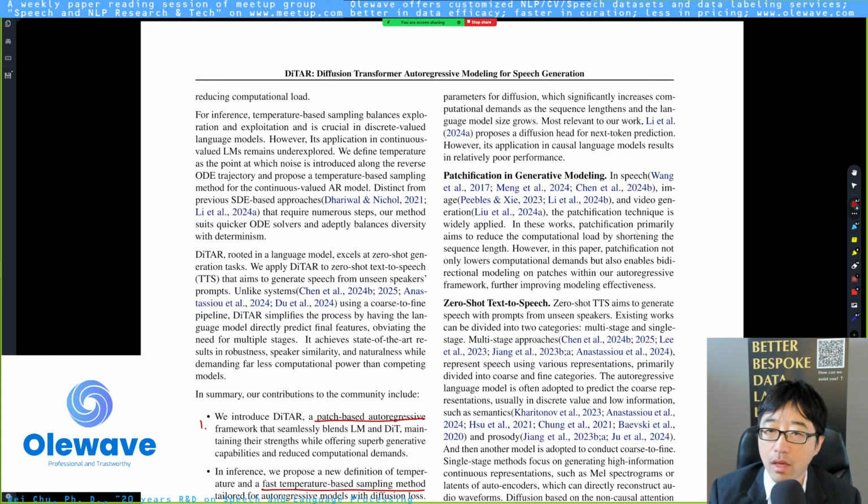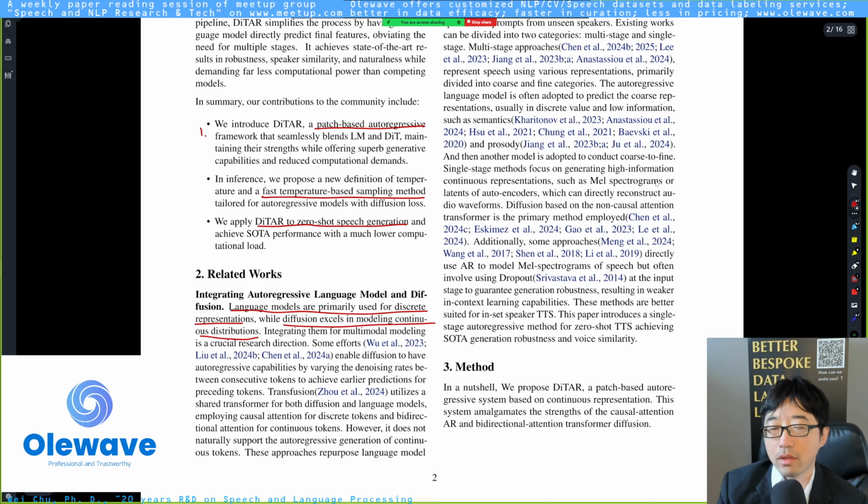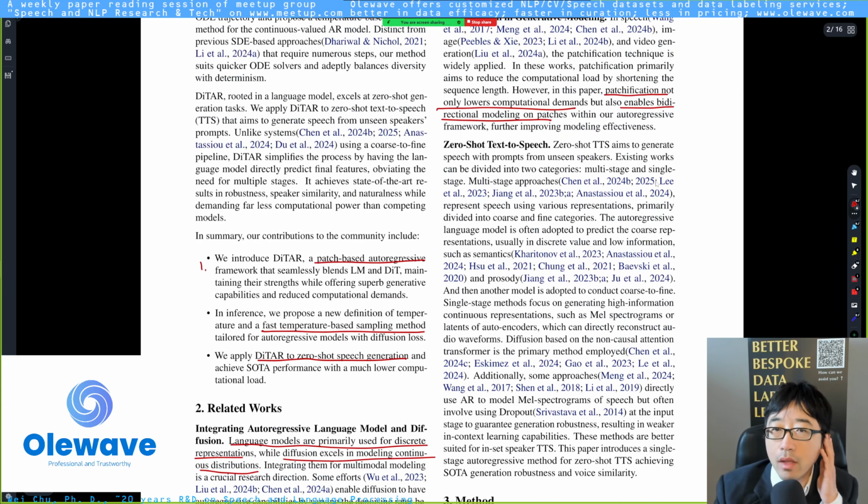The interesting thing is that, by nature, the diffusion model uses bidirectional modeling, and they created this patchification idea to not only lower the computational demand, so they don't rely on the whole history, but also enable the bidirectional model on the patches, which is what the diffusion model wants the input to be. While the autoregressive model doesn't have this bidirectional thing, right?